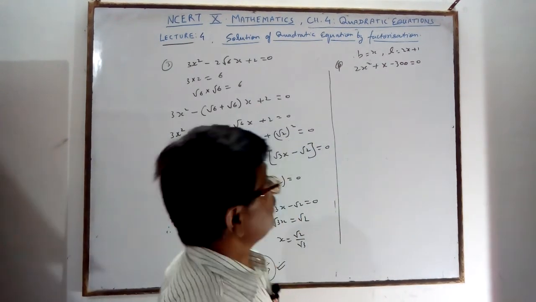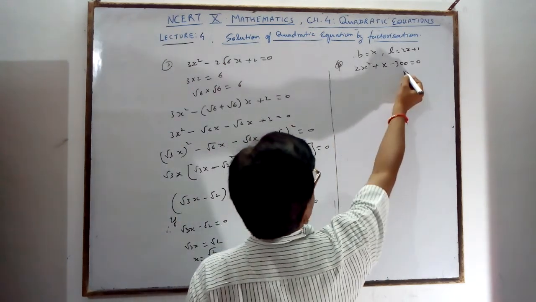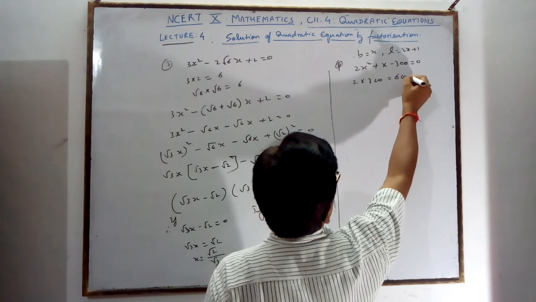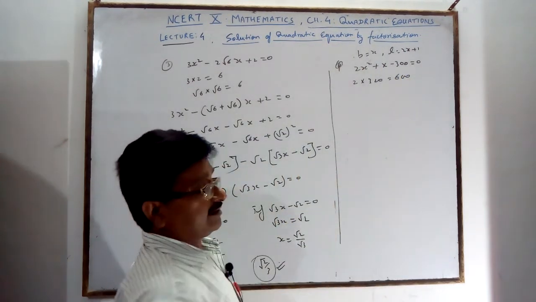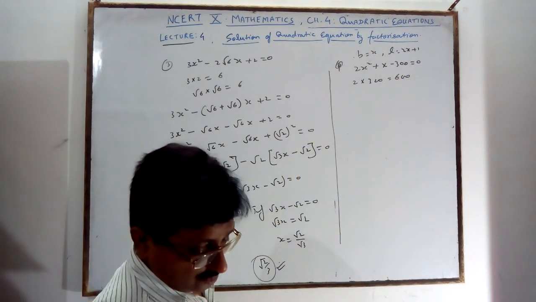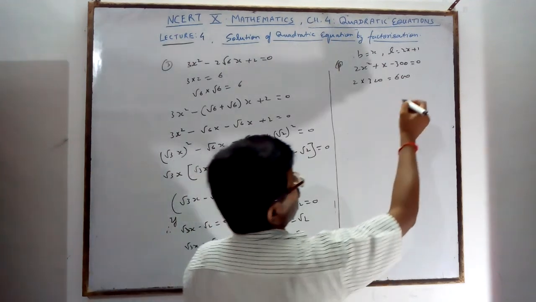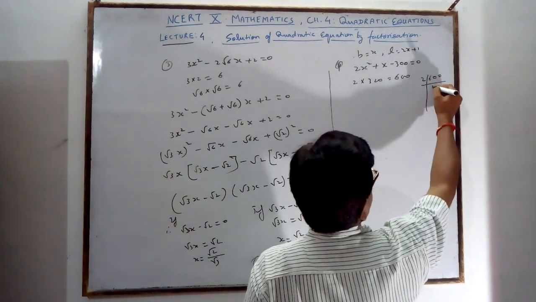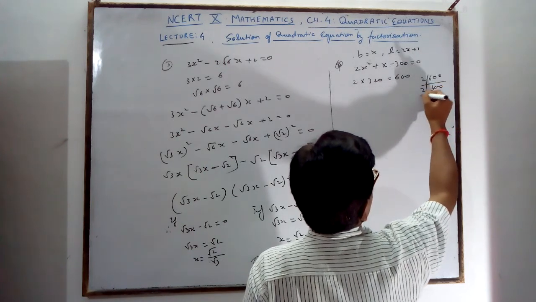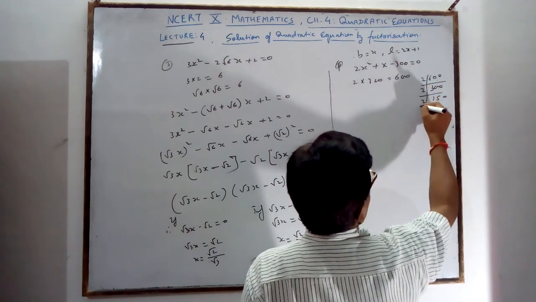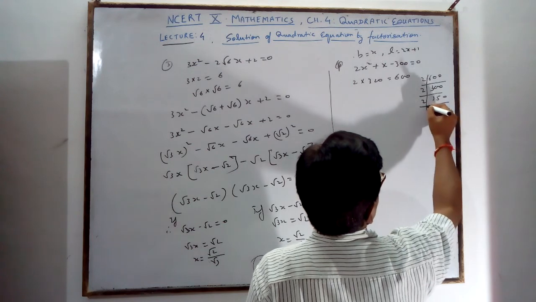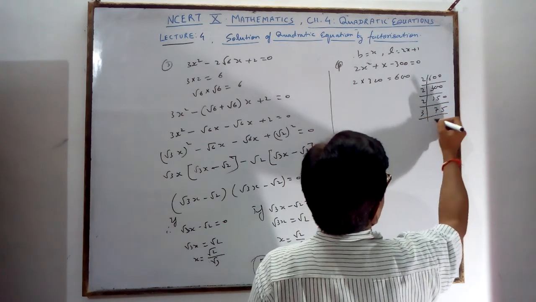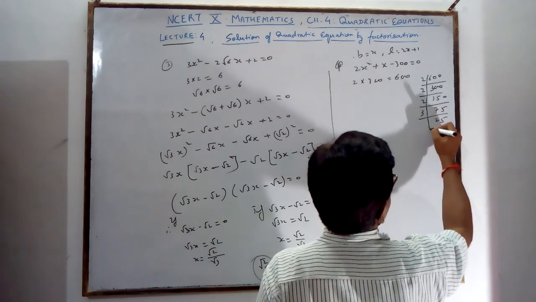factorization. Middle term factorization means first you multiply 2 and 300, you are getting 600. Factorization of 600 you will get. If you don't know orally, then you do this method. 2 threes are 6, 2 150s, 2 75s, and 3 25s.